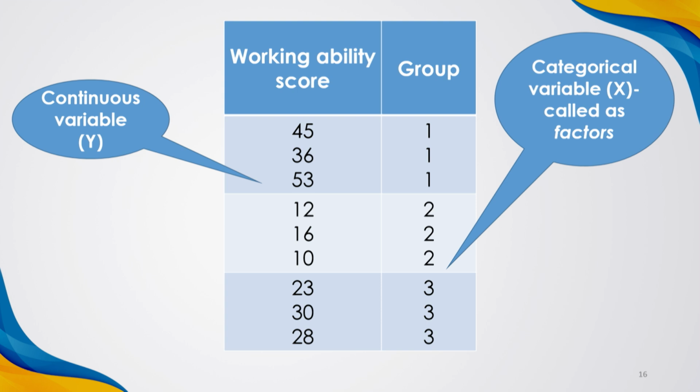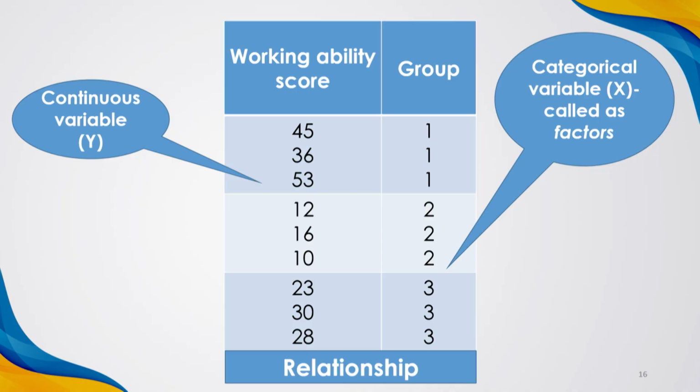This group variable is categorical in nature, often written as capital X, which is also called a factor, and this variable has 3 levels: first level, second level and third level. In our case scenario, we have introduced these as LPP, SPP and FST. So, we are trying to establish a relationship between the working ability score and the groups.